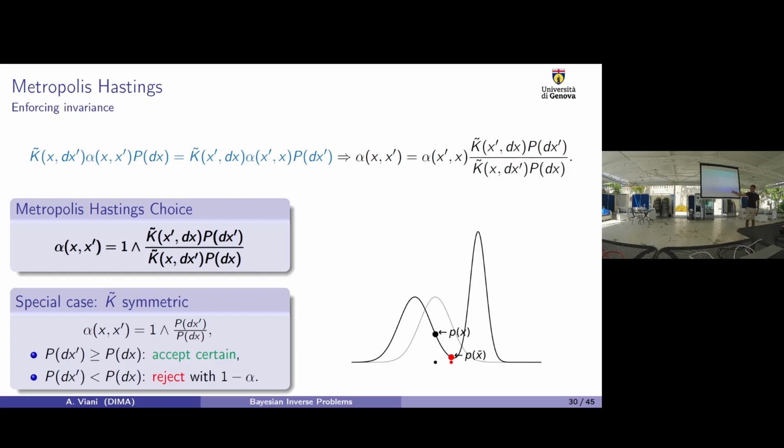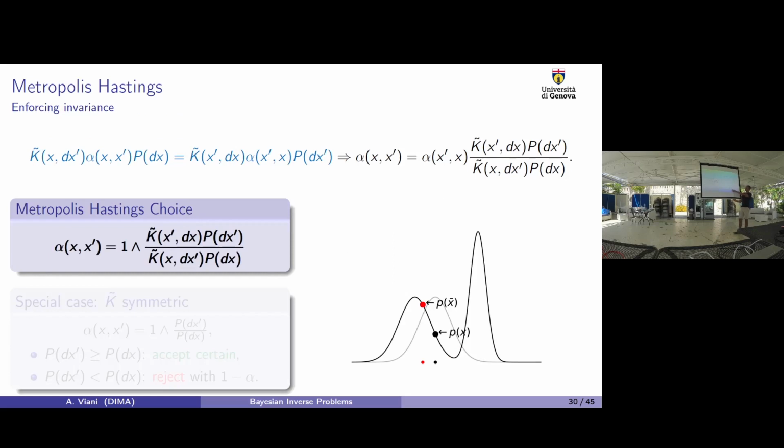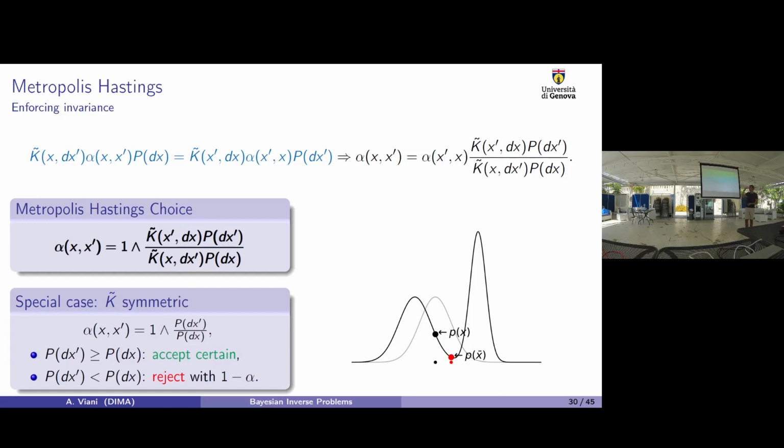If we propose a next point that has a higher value for p, then we move, because we are getting better and better. Otherwise, we reject with probability 1 minus alpha. But it's not mandatory that we reject. If we propose a point that is worse than the previous one, sometimes we move.